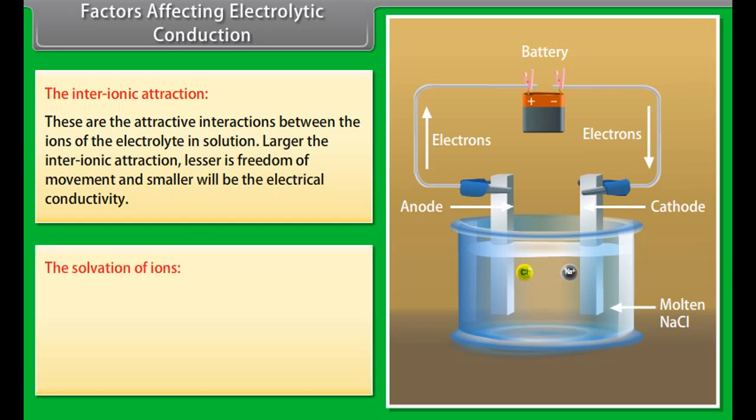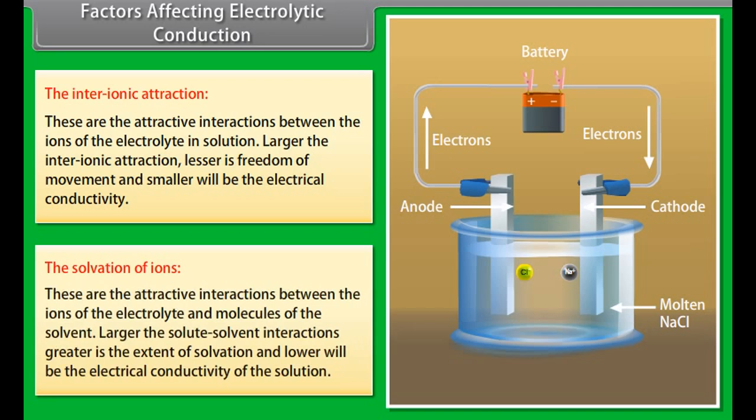The solvation of ions. These are the attractive interactions between the ions of the electrolyte and molecules of the solvent. The larger the solute-solvent interactions, the greater is the extent of solvation and the lower will be the electrical conductivity of the solution.